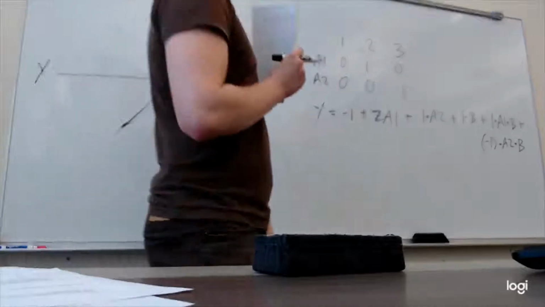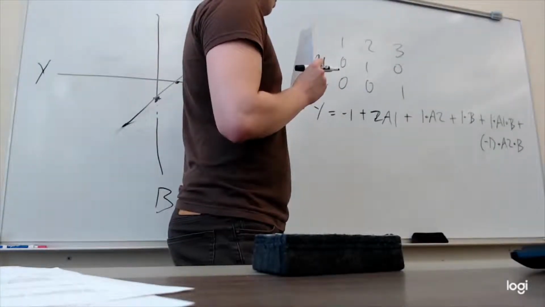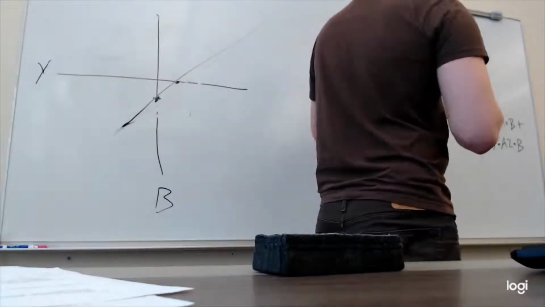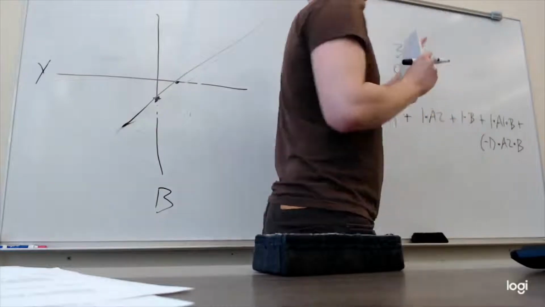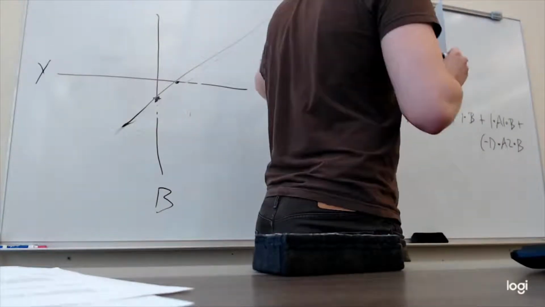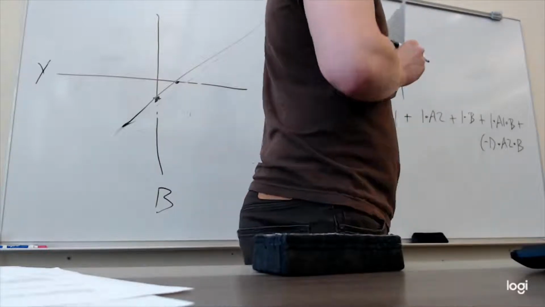So should the slope be 1 greater for level 2 then? Right, so this tells me that at 0 of B, if I go from level 1 to level 2, I have to increase my predictions by 2.